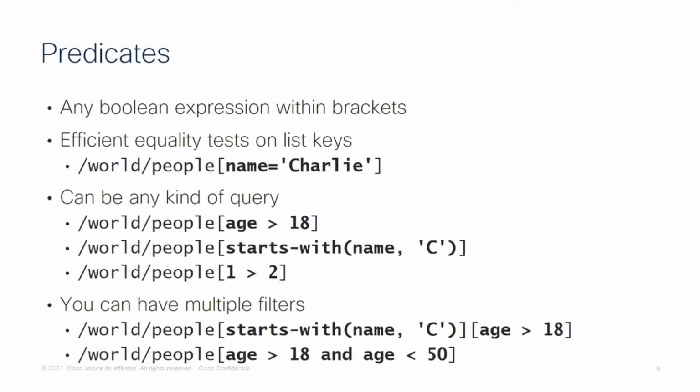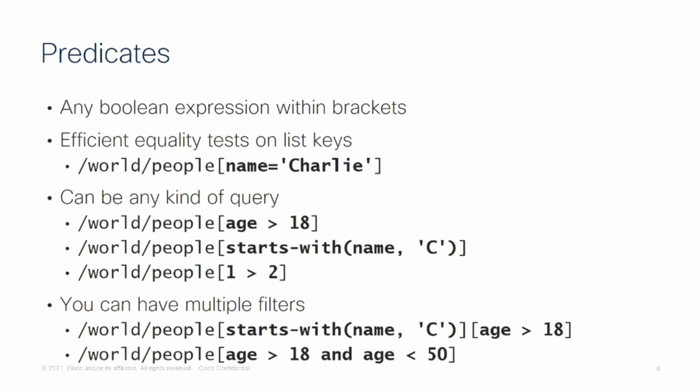We have equality tests on list keys in this first example, looking exactly for the person named Charlie. And this is the most common predicate you'll see, and it is very efficient when done on a key, allowing you to find the unique elements in a list in an efficient way. But it can actually be any kind of query.